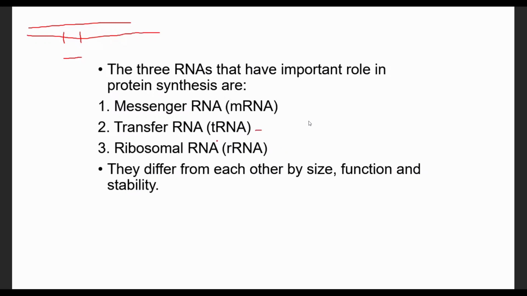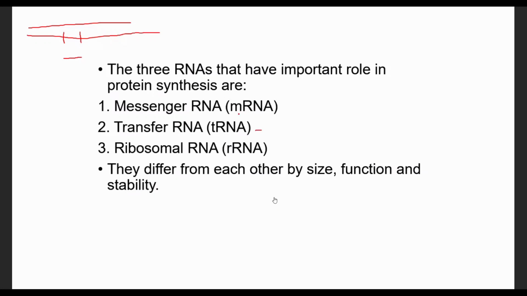These 3 types of RNA molecule have different size, function, and stability. The dominant type of RNA molecule is ribosomal RNA, and transfer RNA is the second most dominant type of RNA molecule found in our cell. Messenger RNA accounts for a lower percentage. Based on their lengths, they differ.